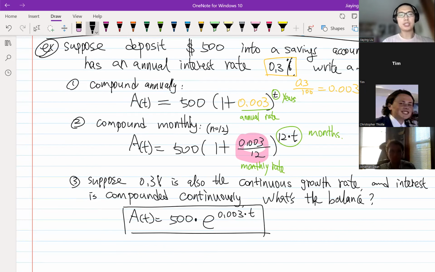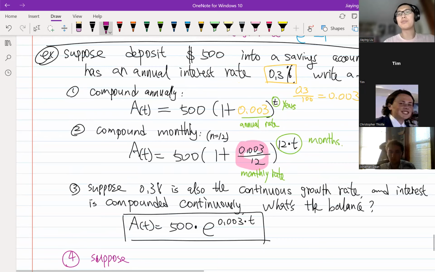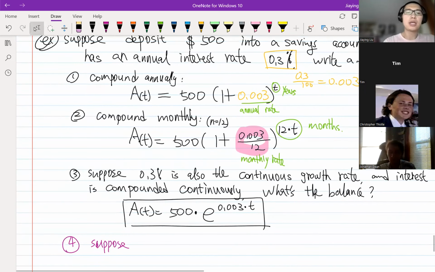All right, let's take the fourth example. It's the same setup. Suppose we still have $500 put in there with the annual interest rate 0.3%.